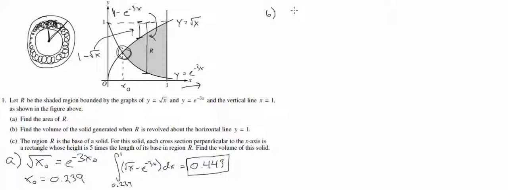Well, the area of the bigger circle is pi times the radius of the bigger circle, which, as I just noted, is 1 minus e to the negative 3x. We want to square that to make it an area. And then we want to subtract the area of the smaller circle, which is pi times the radius of the smaller circle squared. That is our integrand for this part of the problem.